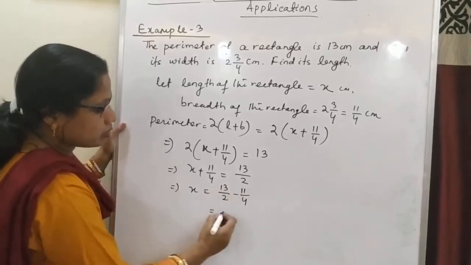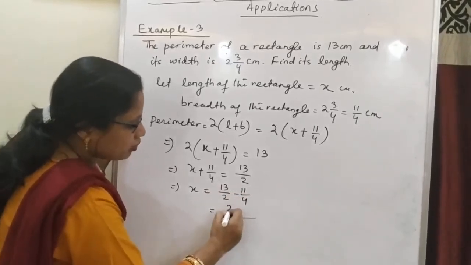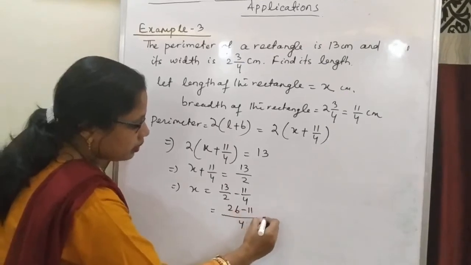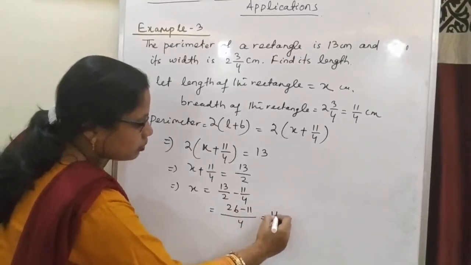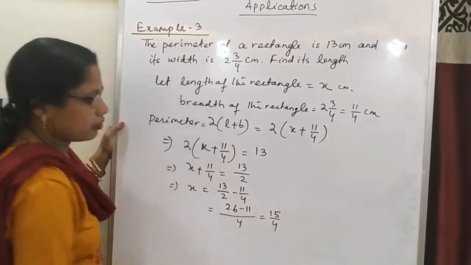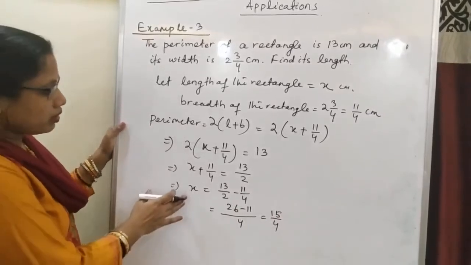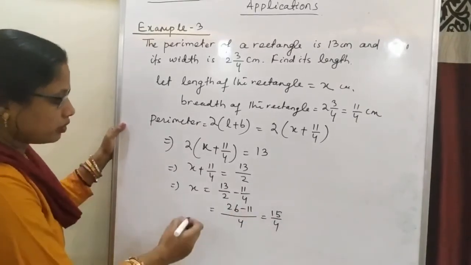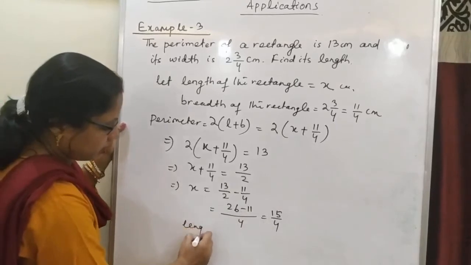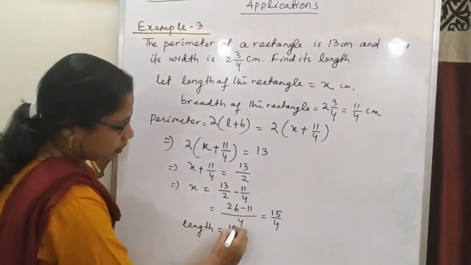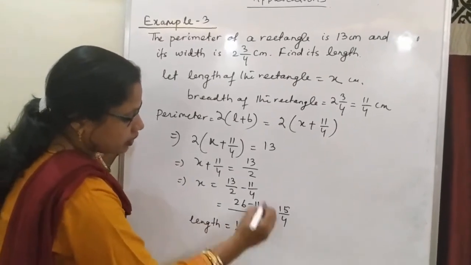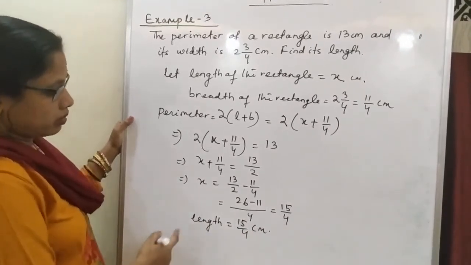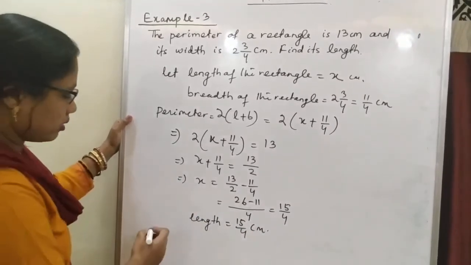So this is equal to 26 by 11, which is equal to 15 by 4. So here we got the length as 15 by 4 centimeter. Then we have to check whether our answer is correct or not.